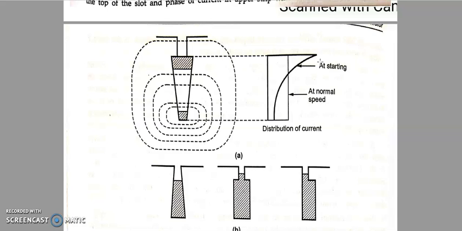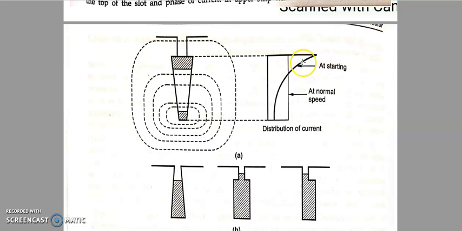If that is continued throughout the operation, then due to high resistance the losses will be more, the slip will also be more, efficiency will be less and the performance of the motor will be poor. So we need high resistance only at the starting, so that the initial starting torque is increased.